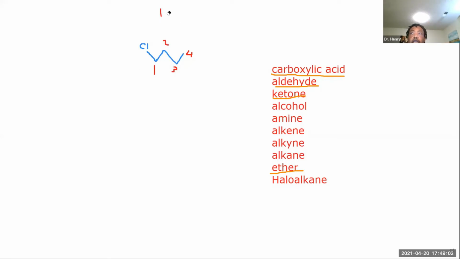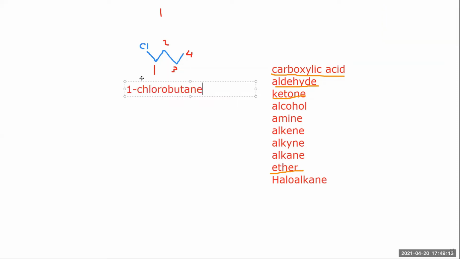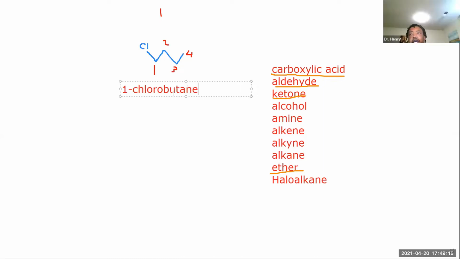For instance, we named this guy 1-chlorobutane, right? So we know that this guy is a haloalkane, and you notice it ends with ane, and then the halogen we drop to an O and put it on there. Okay.